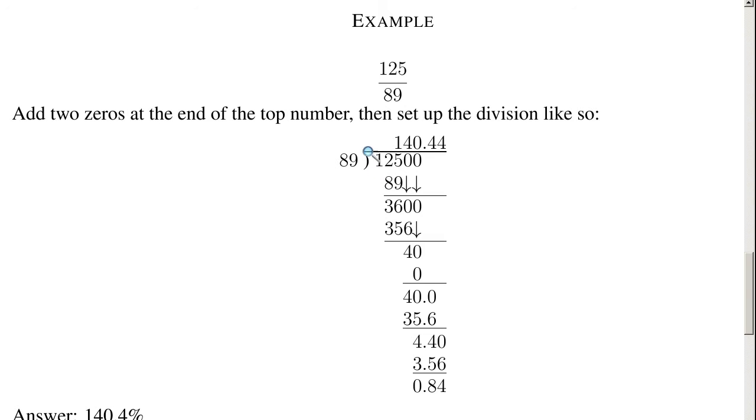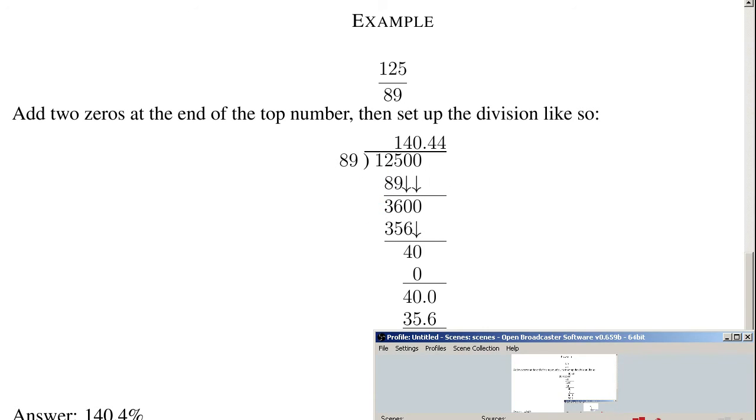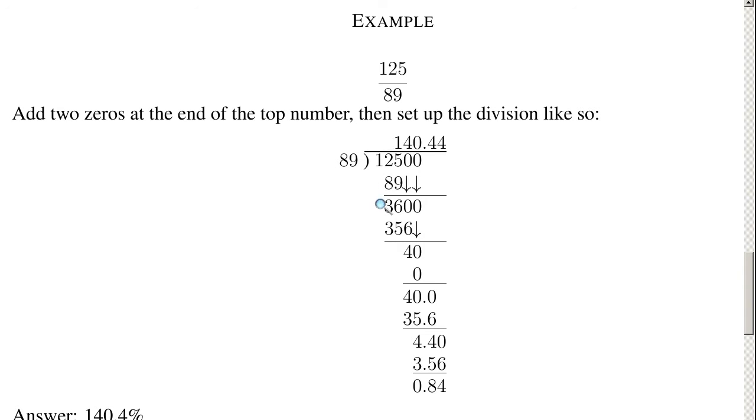So then we take the 1 and we try it. 89 times 1 is just 89, which is smaller than 125, so that's good. Put the 1 up here. Put the 89 down here so that it lines up. Subtract 125 minus 89 equals 36.